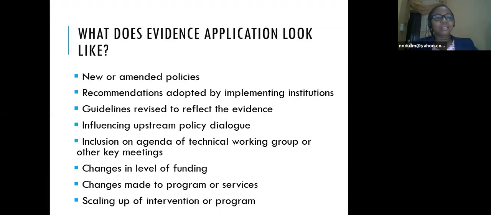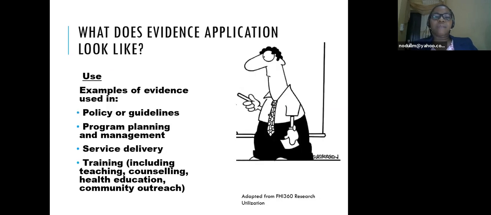So when we see evidence used or applied, what it looks like will be new policies created, amended policies, recommendations adopted by implementing institutions, guidelines revised to reflect the evidence presented, influencing upstream policy dialogue, inclusion on the agenda of a technical working group, changes in budget lines, changes made to programs, services, and maybe upscaling of interventions that are made.